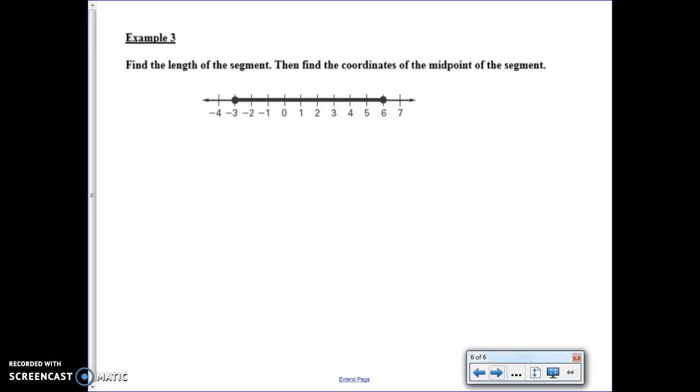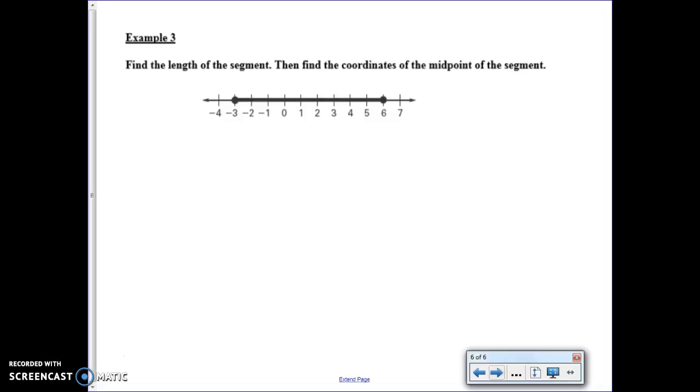The last thing we look at is not necessarily using the distance formula, but it says find the length of the segment, then find the coordinates of the midpoint of the segment. So there are several different strategies that you can use here. We can count the spaces, we can cross off to get to the middle, we can use our formulas in a little different way.